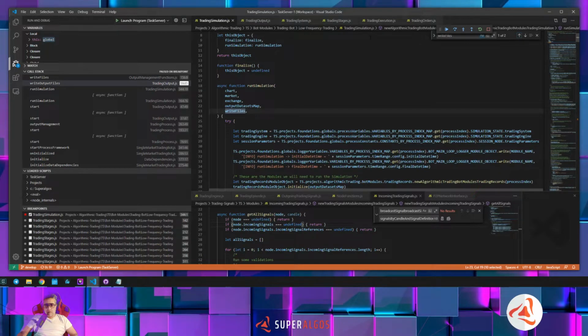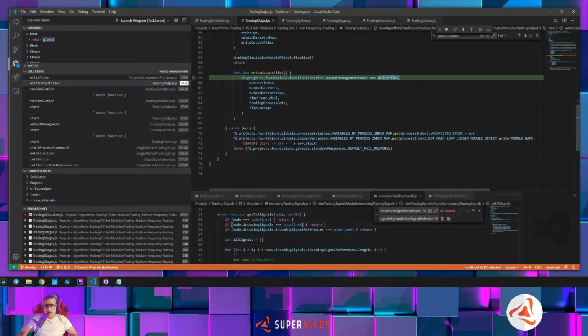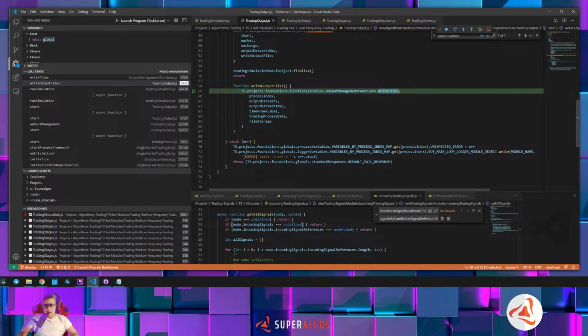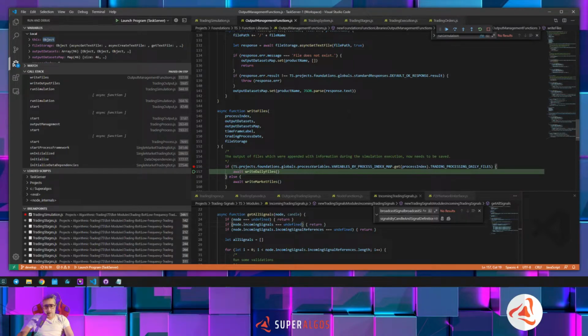and when we receive this run simulation from this same module, write files is this function. Okay, but here output management functions write files. So we're going to enter this function but without an await, which is not really a good idea.